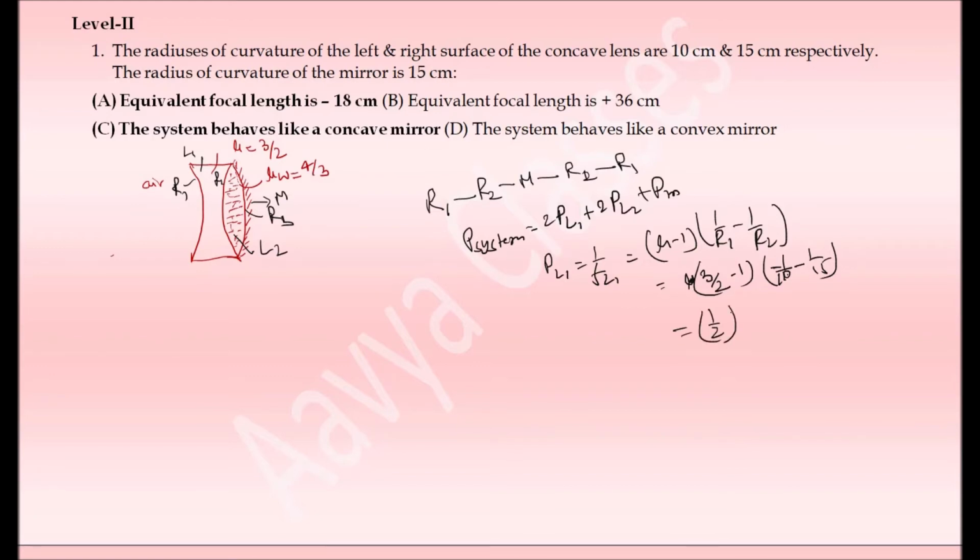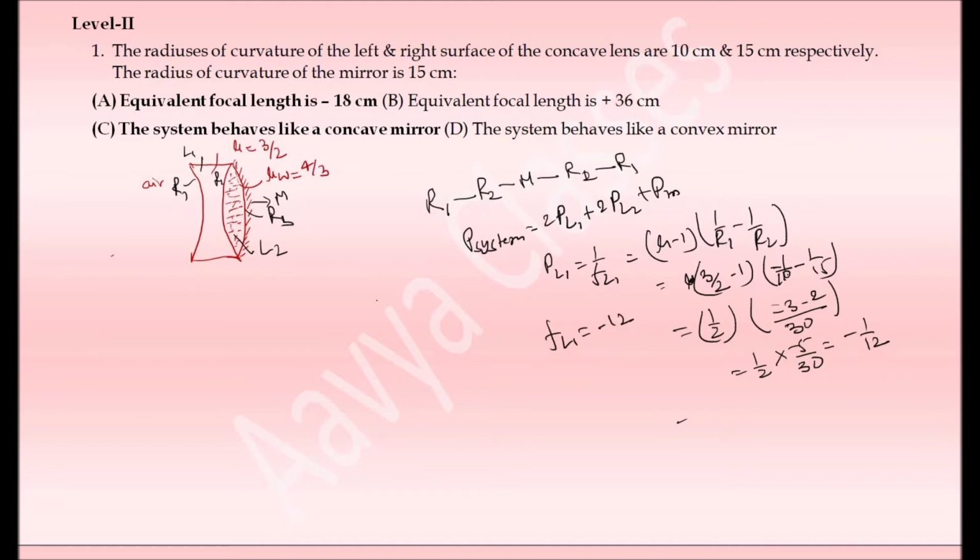So from there we get 1 by 2 into, so clearly the focal length of lens L1 is minus 12, that is FL1 is equal to minus 12.